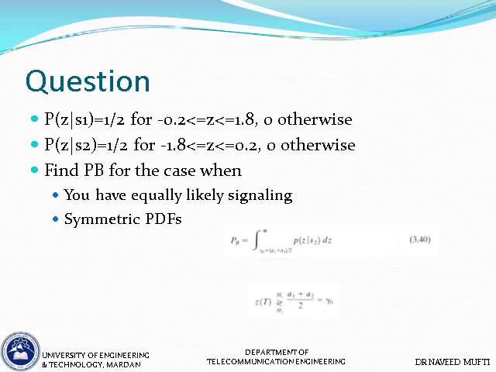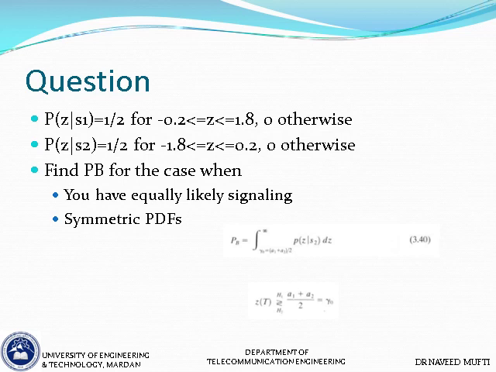So for the second likelihood, the likelihood of S2, for this range from minus 1.8 to 0.2. So let's say this is minus 1.8, and here it is 0.2.